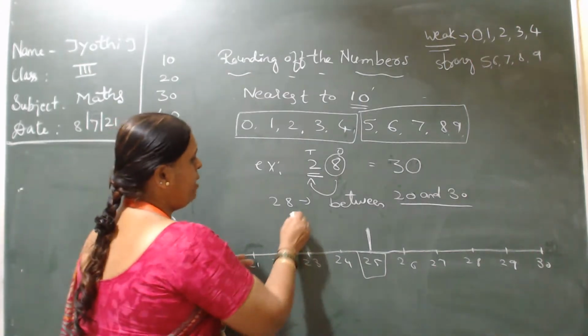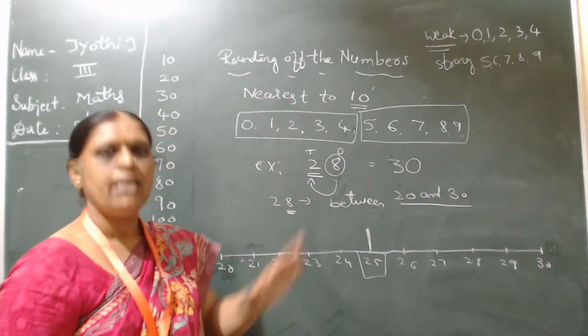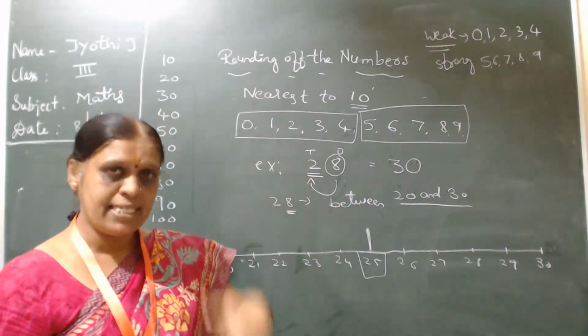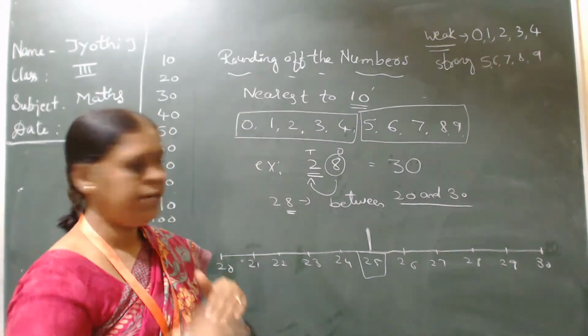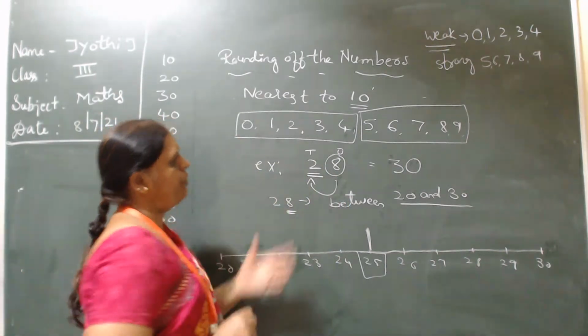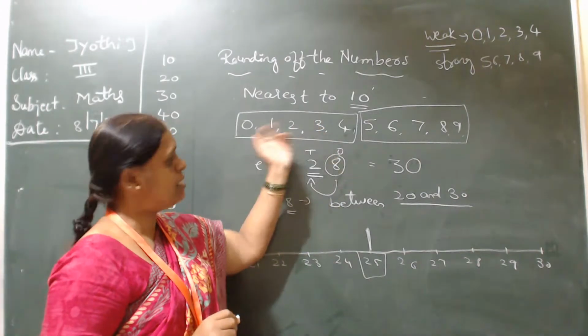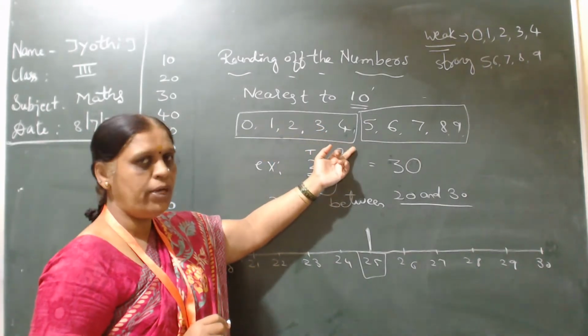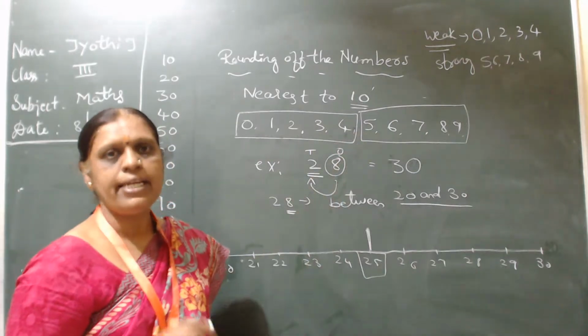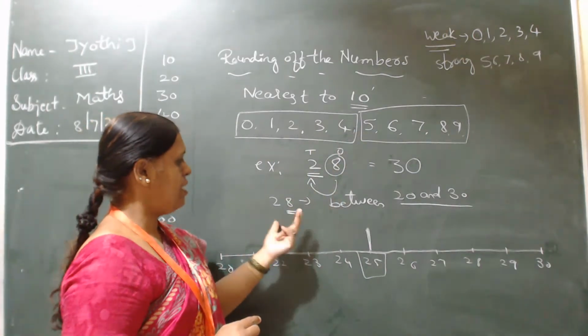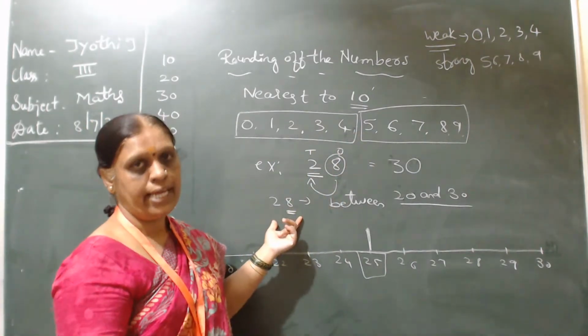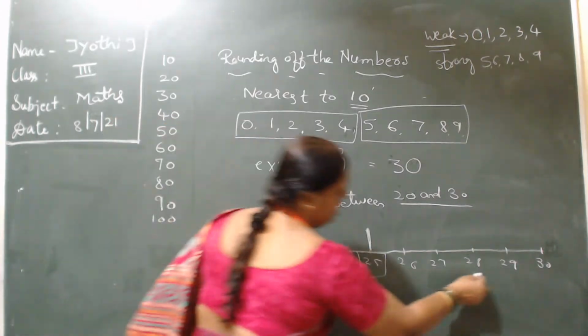Now we have to see whether the digit is less than 5 or more than 5. We can check it like this: 0, 1, 2, 3, 4 or 5, 6, 7, 8, 9. Suppose the number is 28; the 8 is more than 5, so it comes here.